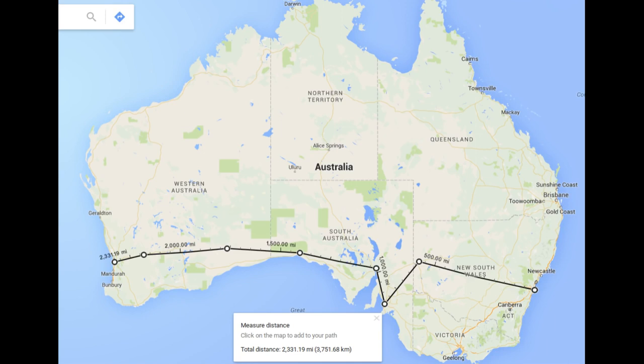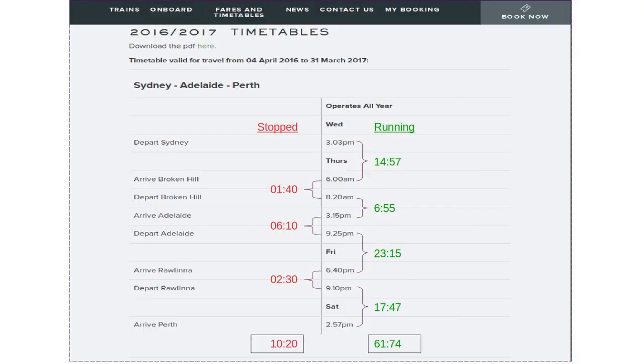And Google has a very different distance than the railroad did. And as you can see here, I added it all up. It comes out to 2,331 miles or 3,751 kilometers as the total distance for the train ride. So now let's see where it all comes out.